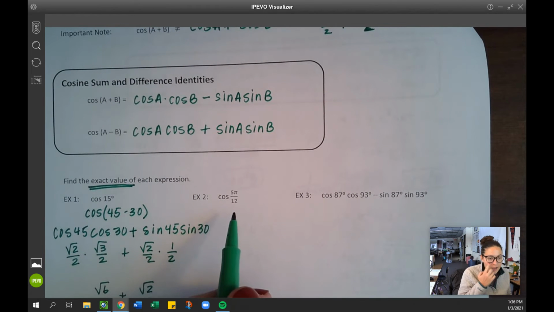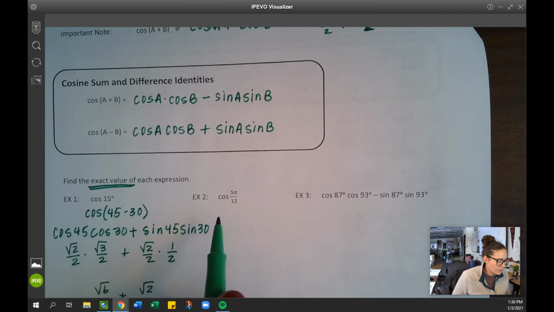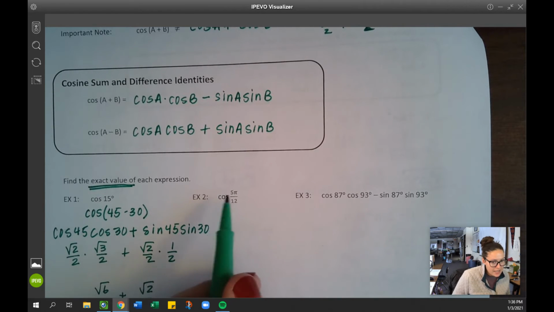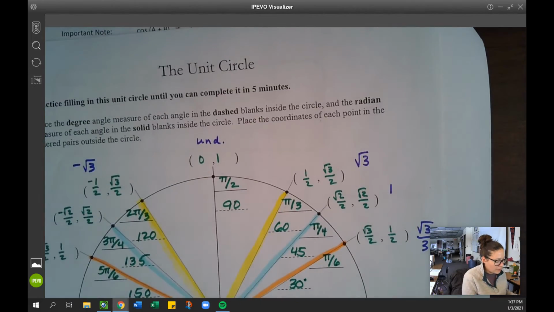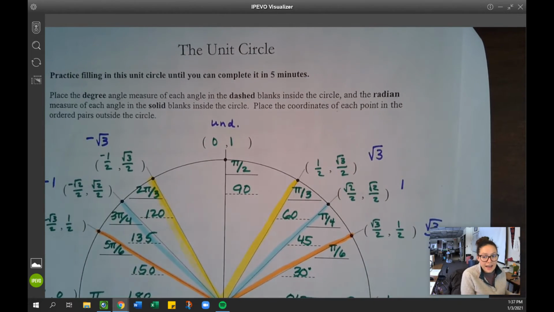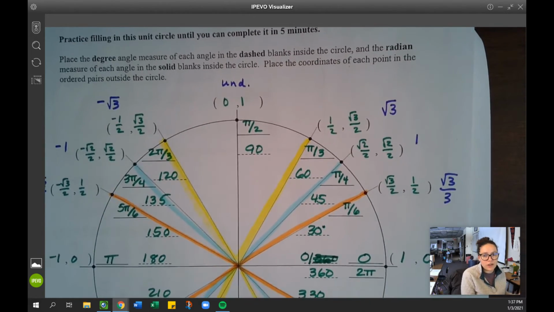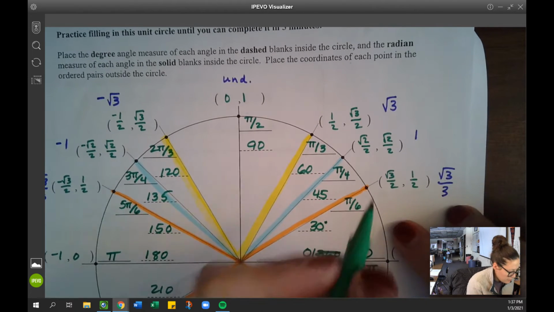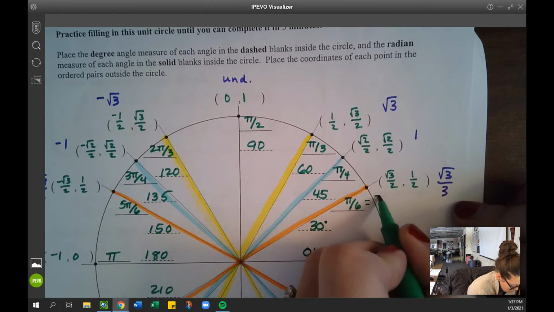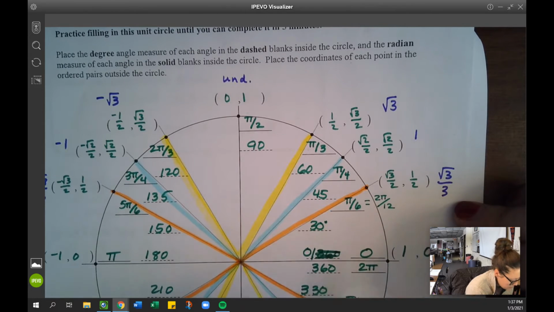Cosine of 5 pi over 12. Well, we're going to do the same thing, except now we're measuring our angle in radians. So I have to find two angle measures that can either add or subtract to 5 pi over 12. Now, I'm going to have to think about it in terms of a common denominator. So pi over 6 is 2 pi over 12.